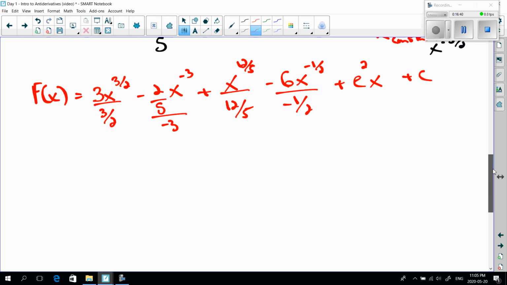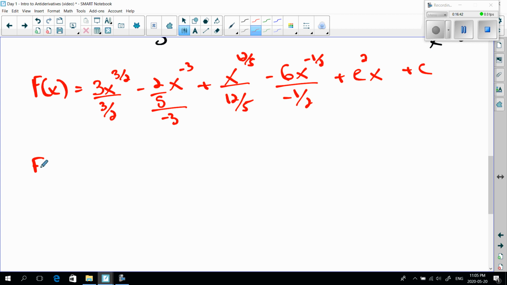Now it's just a matter of cleaning this up. Capital F of x equals, what's 3 divided by 3 over 2? Remember, 3 divided by 3 over 2 really means 3 times 2/3. That would just give you 2, x to the 3 over 2.